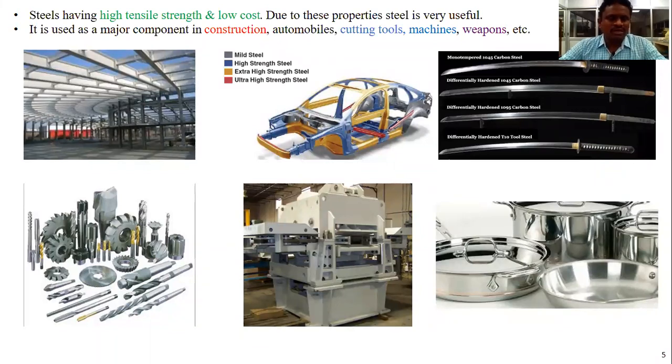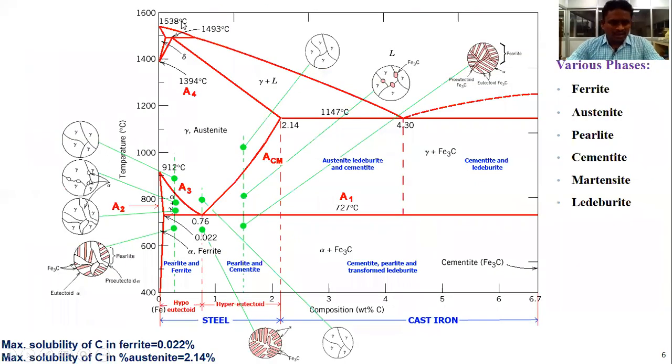Since steels have great strength and are also low in cost, they are used in the construction field, in the automobile sectors, for manufacturing weapons, cutting tools, machine tools, and also we can see steel applications in houseware utensils. And here is the iron carbide phase diagram.